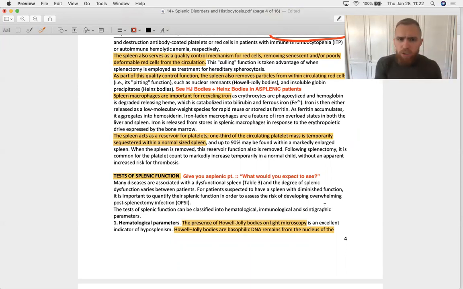If it finds a Howell-Jolly body, it says, all right, mine, and then it takes it out and hopefully just doesn't kill the red blood cell and sends it on its way. So the concept here is that if you don't have a spleen, you will see these inclusion bodies in red blood cells on the peripheral smear. And when you see them, it will tell you that the patient's spleen is non-functional.